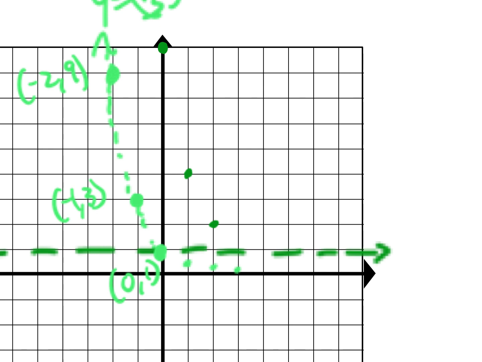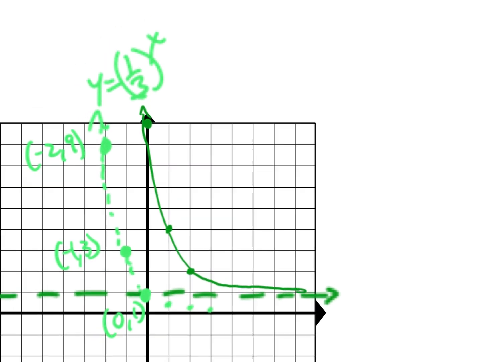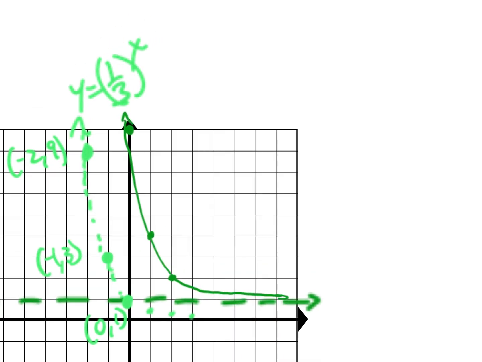Okay, and that's good enough there to get our graph, and it's going to go down towards our asymptote here. That's great. So if you graph the parent function, y equals 1/3 to the x, and then just count right up, right up, right up, move all the points the same direction they're supposed to go. You'll get your new points. Okay, that's a good way to go.